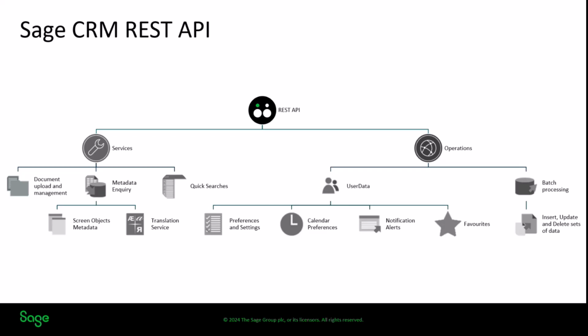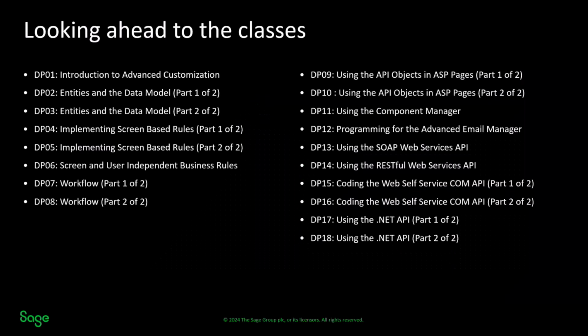But that's where we've got to in today's session. We are making very good progress through the cycle of training. We're going to be looking at the concept of self-service over the next couple of lessons.